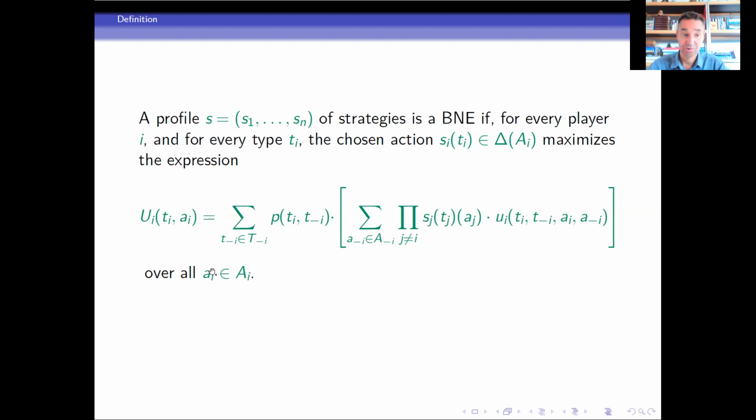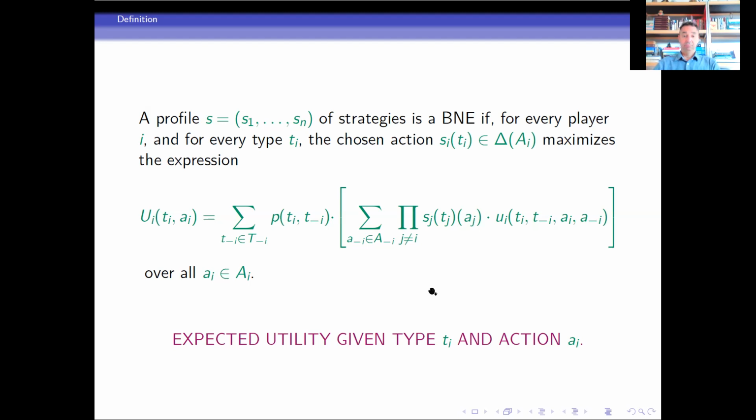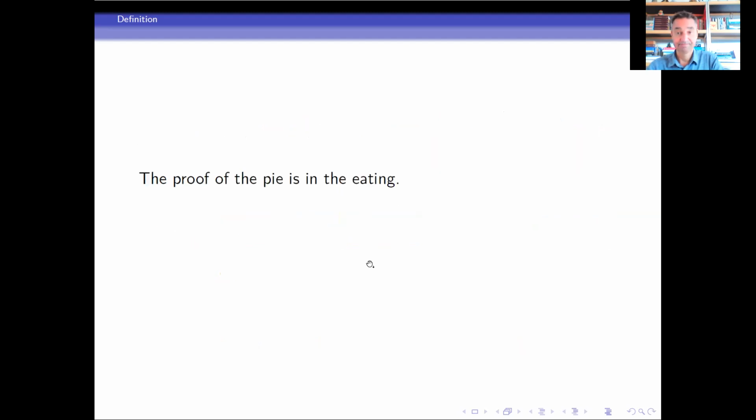So you choose an a_i that is maximal among all the payoffs that you can realize that way. That's what it says here. It's the expected utility given t_i and a_i. And so this means that you only put positive probability on those a_i that maximize this expression.